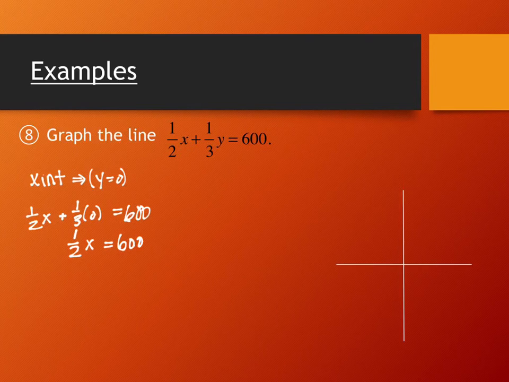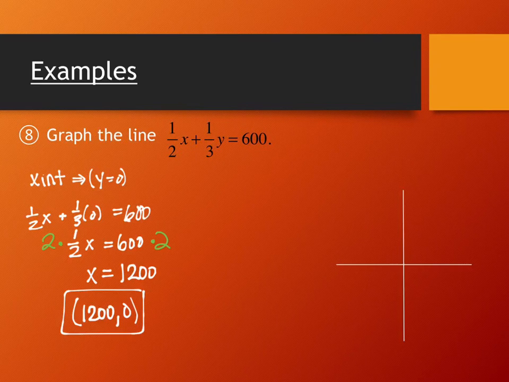Multiply by 2, right. So I'm going to multiply both sides by 2. So my x value gives me 1200. Yeah. So my x-intercept is 1200, 0. I'm not going to hash out 1200 on my axes. I promise. I'll show you in a minute.